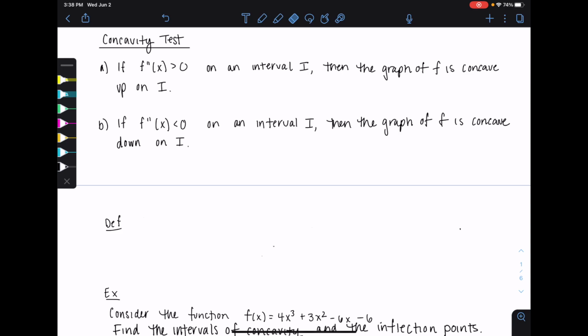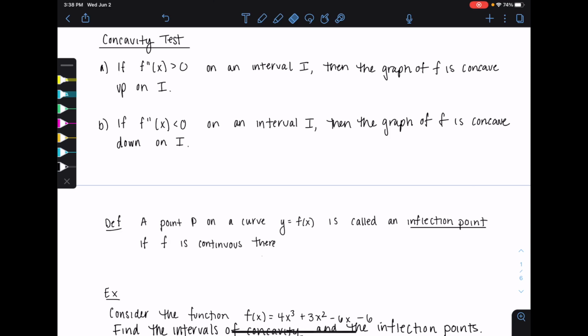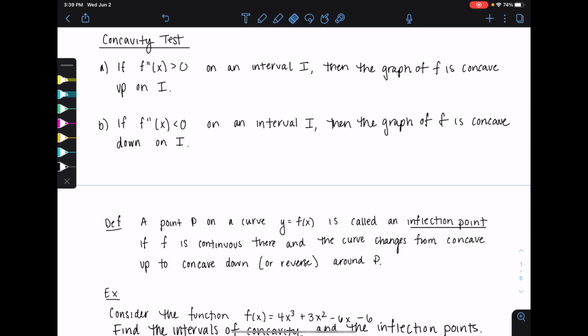So it's slightly different because a critical number is any number that makes the derivative 0 or undefined, whereas an inflection point, you have to change concavity around it. So we say a point P on a curve is called an inflection point if the function's continuous there, so you can actually have a point on the curve, and you change concavity from up to down or vice versa around that point.